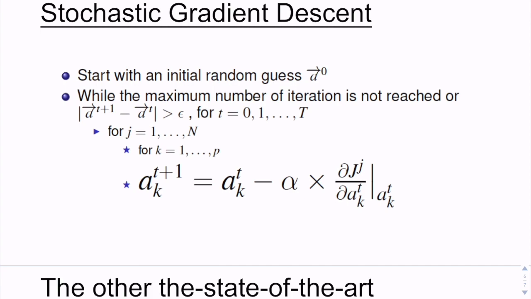The algorithm then evolves as follows. Like gradient descent, we start from a random point, and then while the maximum number of iterations has not been reached, or we still see improvement in the parameters, we do this iteration for each sample, and then we run a loop over all parameters. Here we have p parameters, and we update the parameters by taking the derivative with respect to only one sample.